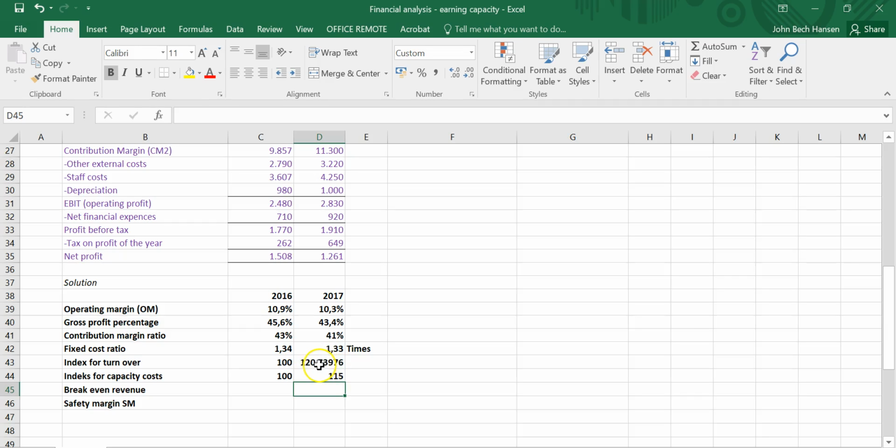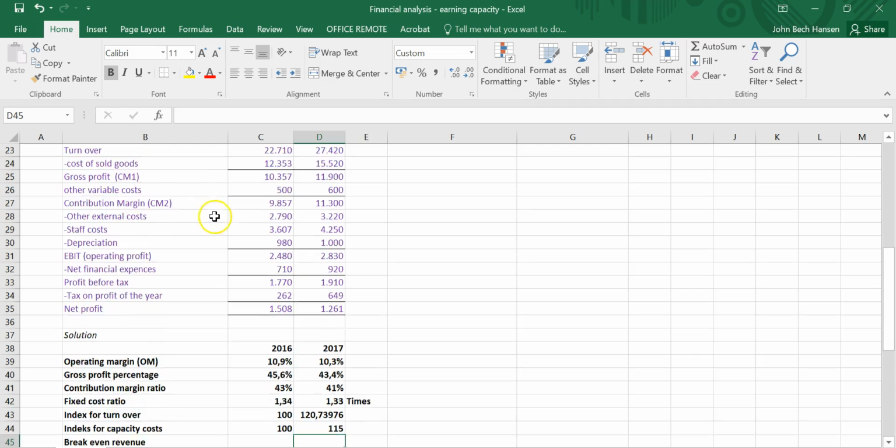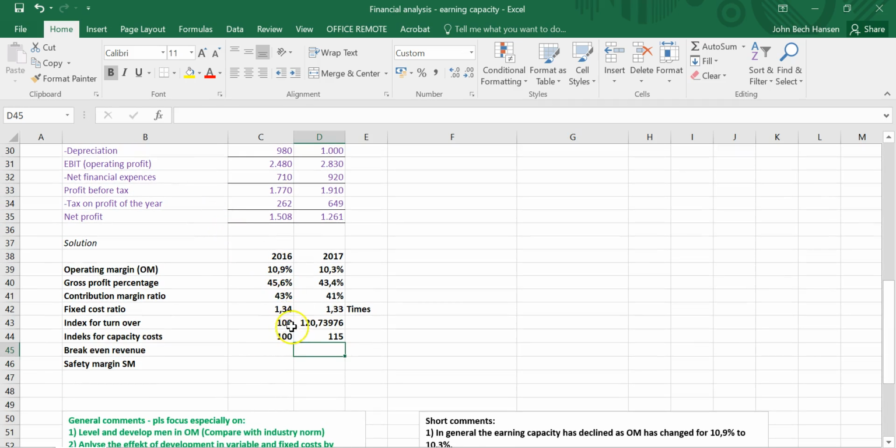And here also we can see this is actually giving support to my first impression that it's in the top lines, the sales and the cost of goods sold, that we have the problem, because we can see that the turnover, the activity in the company, has increased to index 120, 21%, whereas the capacity cost hasn't increased that much. So that's positive.